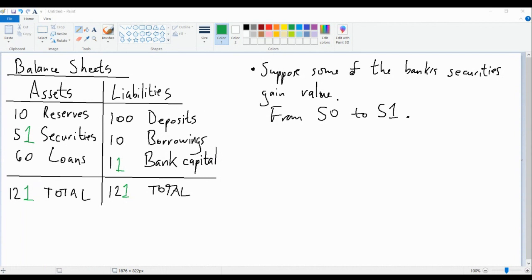Similarly, of course, if the assets lost value, that would also have something to do with the bank capital. So let's go back and look at that case. Suppose that some of the assets that the bank is holding lose value.